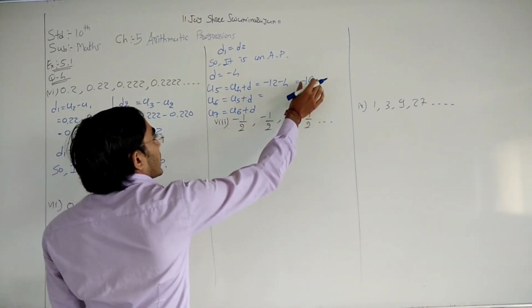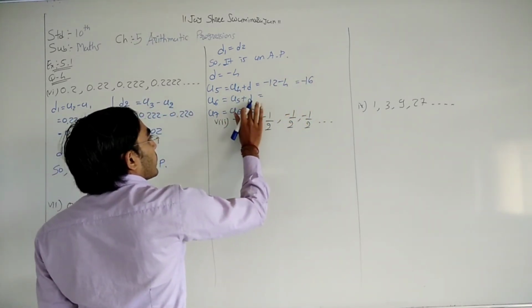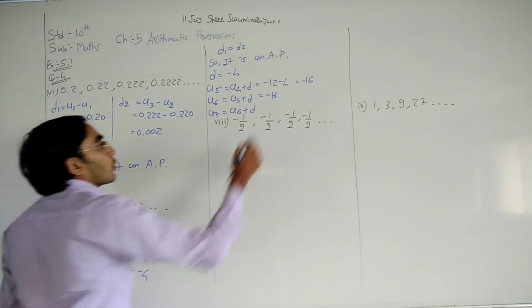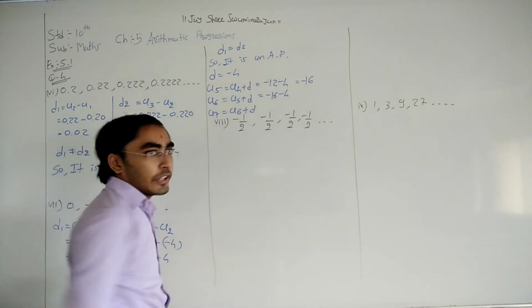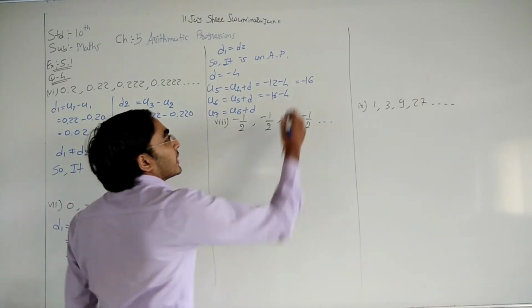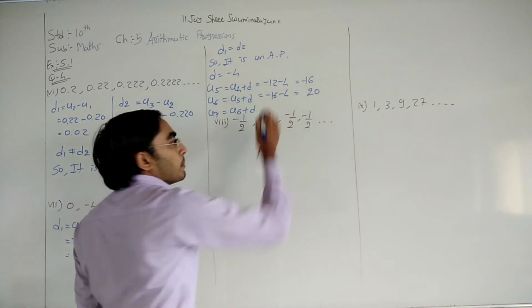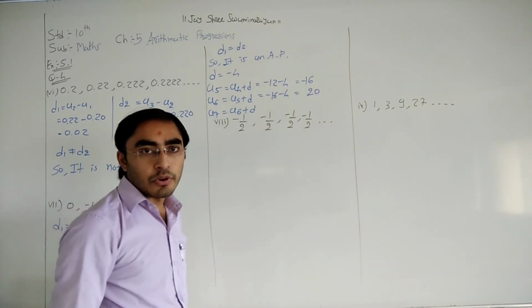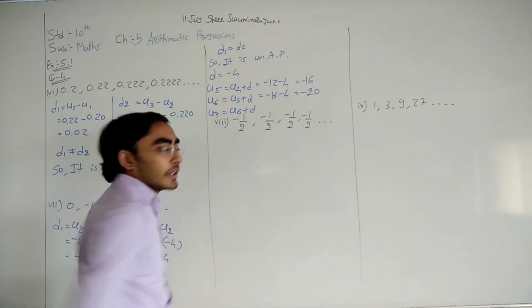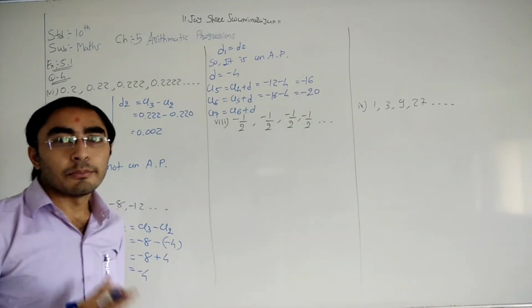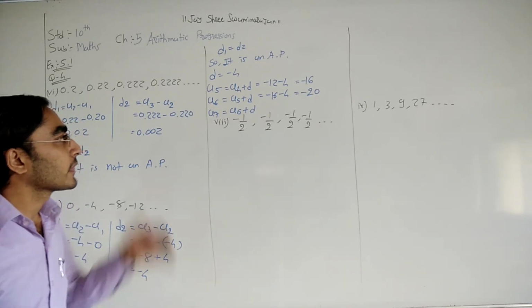Minus 16. Now A5 plus D, so minus 16 plus D, which is minus 4. So 16 plus 4 is 20. The bigger number 16 has a negative sign, so here a negative sign. So A6 is minus 20.